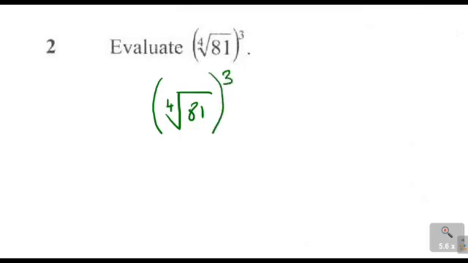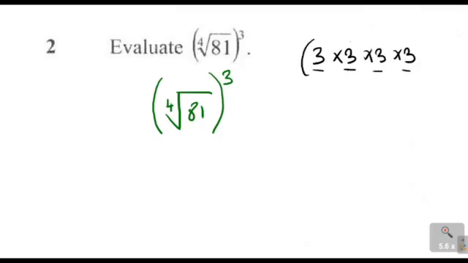Now the fourth root means a number that you can multiply by itself 4 times to get that particular number. So here we have 81. So the fourth root of 81 means the number that you can multiply by itself 4 times. If we say 3 times 3 times 3 times 3, that is 1, 2, 3, 4.